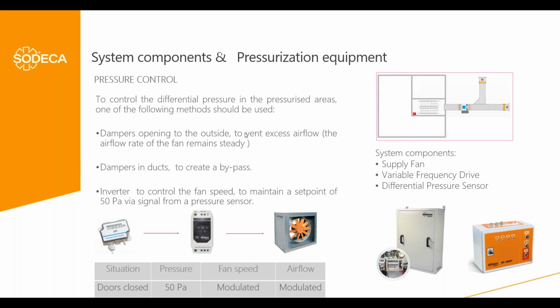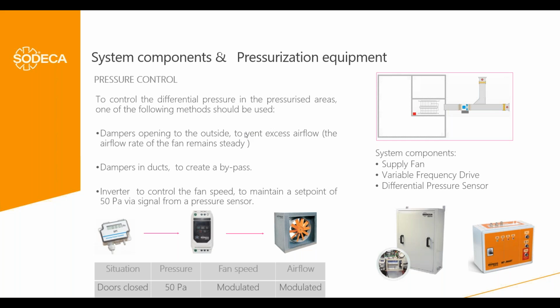To manage these two situations, and also to manage intermediate situations, like we have in the part 6 when we have class C or class D, where we have in fact three situations, there are different possibilities. The first one is barometric dampers opening outside to evacuate the excess of airflow.